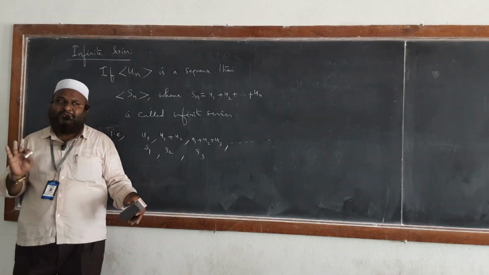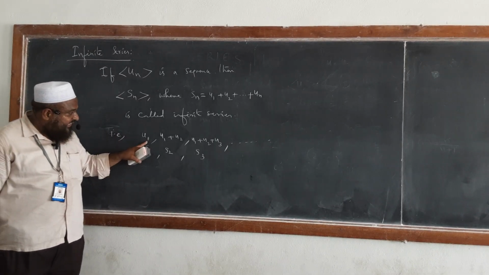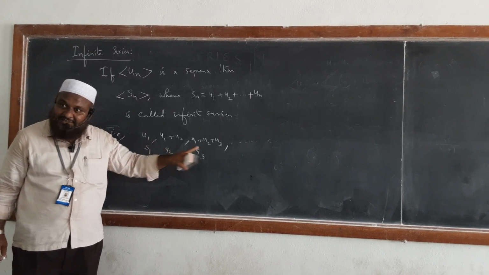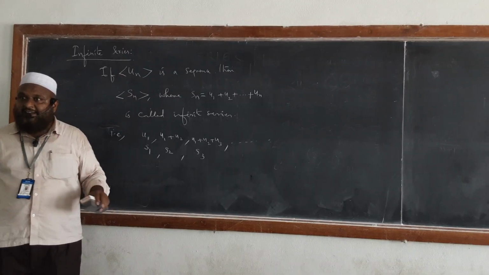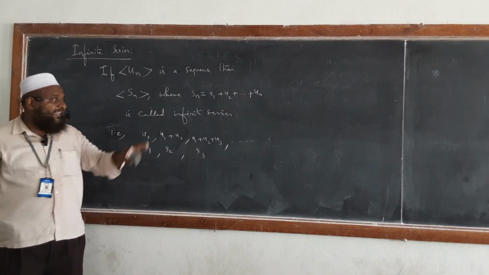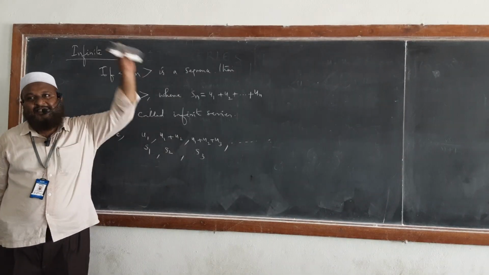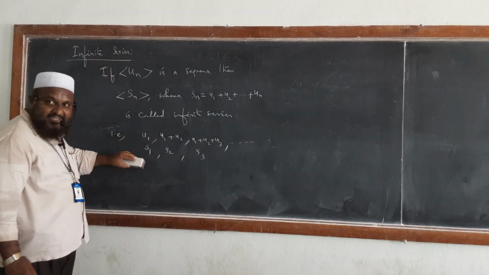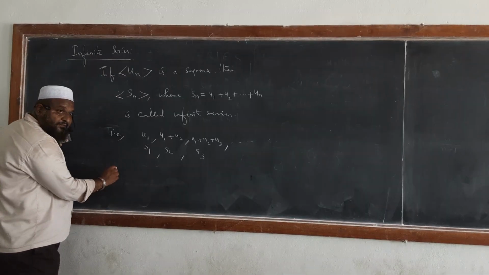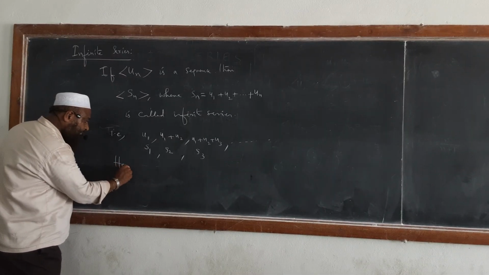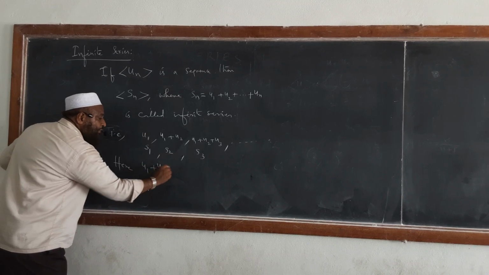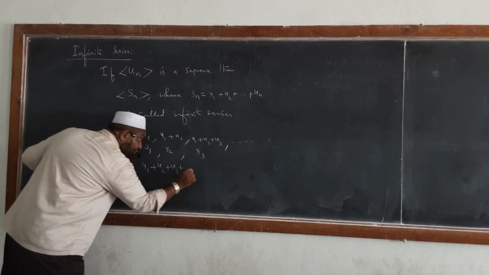Very simple point now. Instead of writing u1 comma this comma this comma this, it is a beautiful idea to write the general term and just give a continuation. That is, u1 plus u2 plus u3 plus so on.